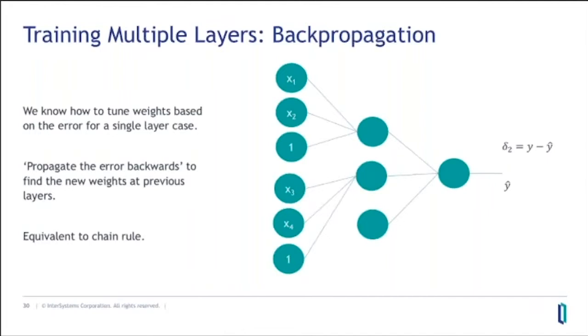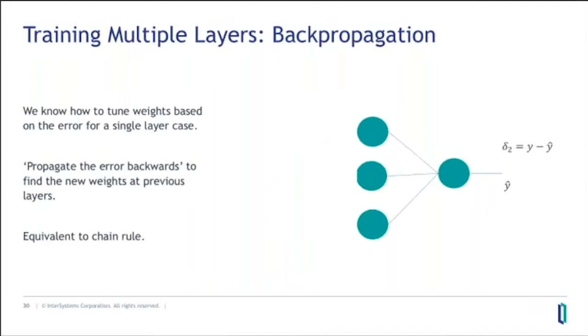So let's go back to what we know from the single layer case. We know how to update the parameters for this last layer, right? I can plug in the examples, get the prediction, see how far they are from the ground truth, and then use the equation from the previous slide to update the weights over here. The question is, how do I update the previous layers?